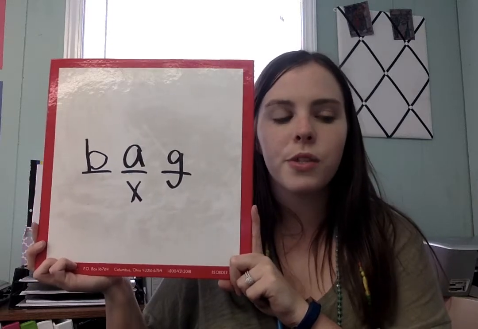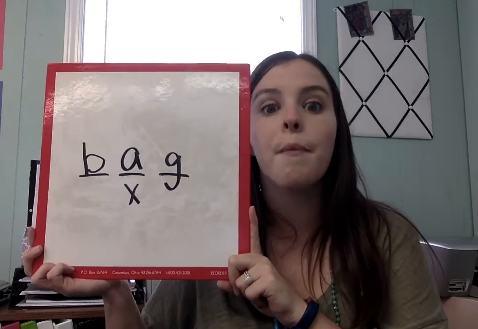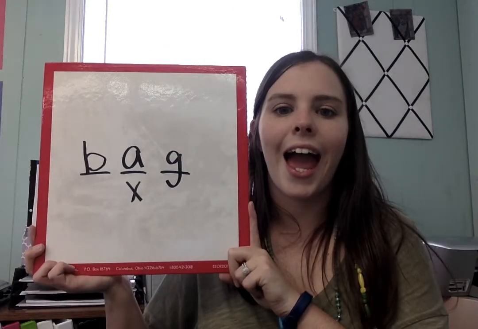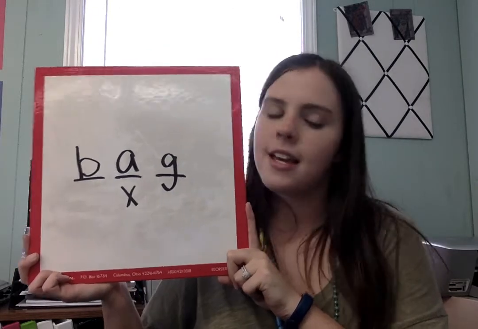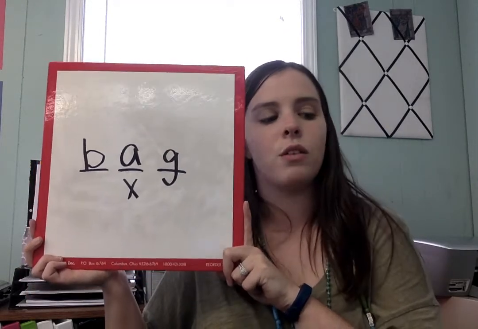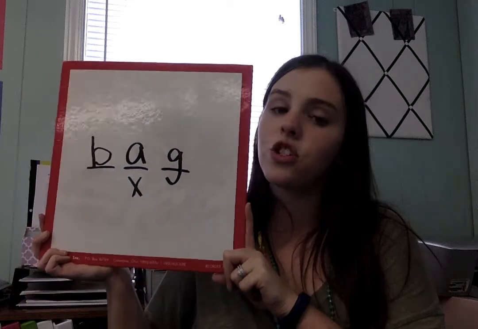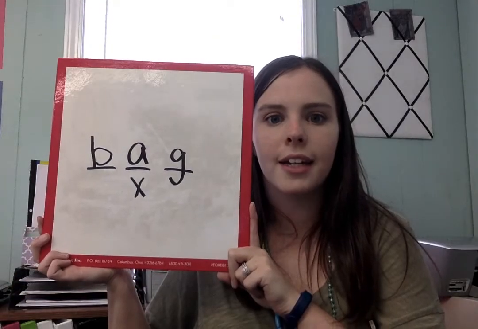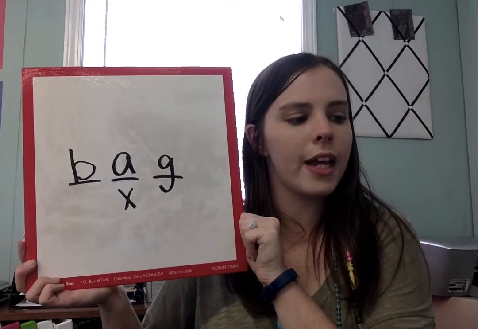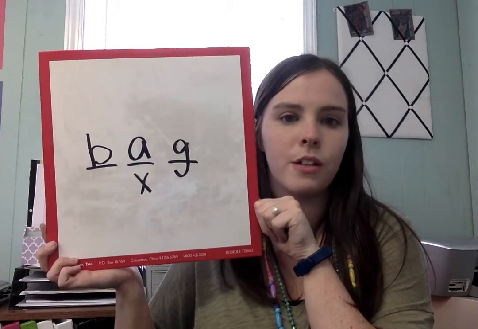What is the vowel sound that you hear in the word bag? Ah, ah. That's right. And then most words have an ending consonant sound. What is the ending sound that you hear in the word bag? G, g. That's right. Awesome job, boys and girls.